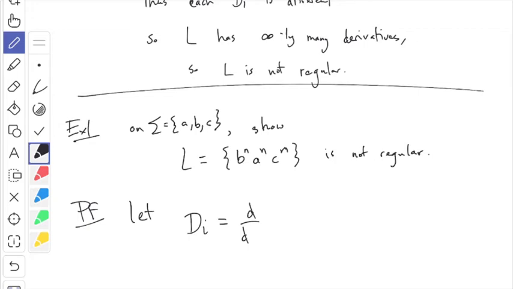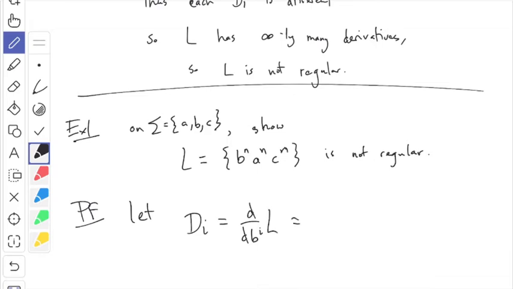B. Yes. Now you have to do a whole bunch of them, d sub i, I'm going to do derivative with respect to b to the i. So the first one is just b, the second one is b squared, the next one is b cubed, etc.